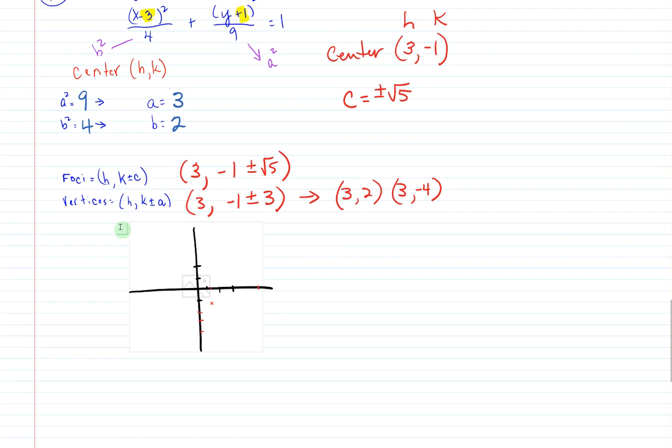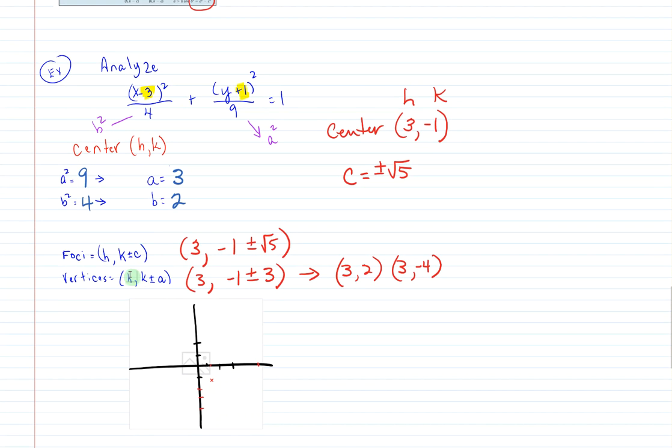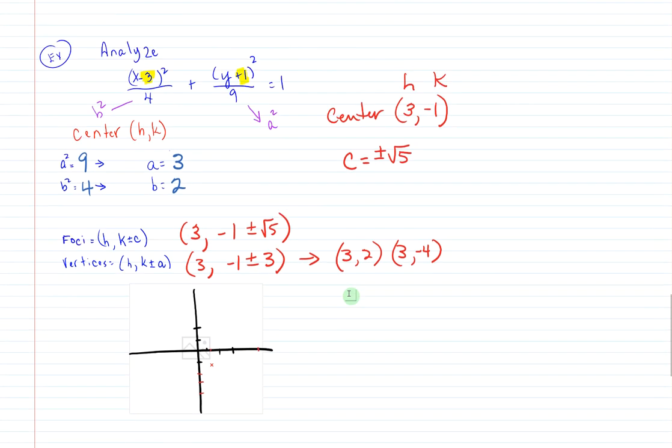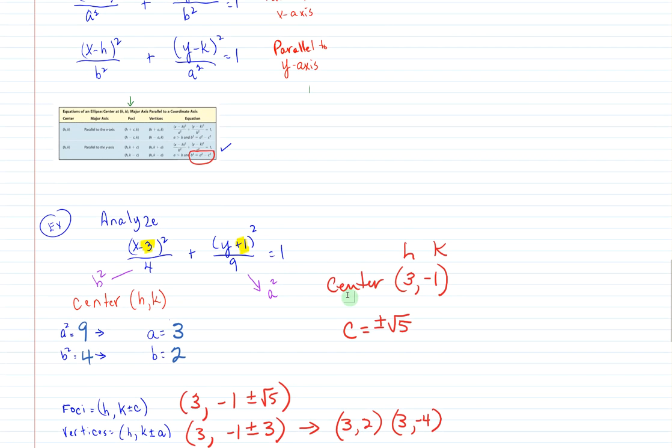And then the vertices are h comma k plus or minus a. So 3, and then -1 plus or minus your a value, which is 3. So you would have 3, 2, and 3, -4 for your vertices. And so that would help you with that. I don't have that picture graphed, but that's the analysis.